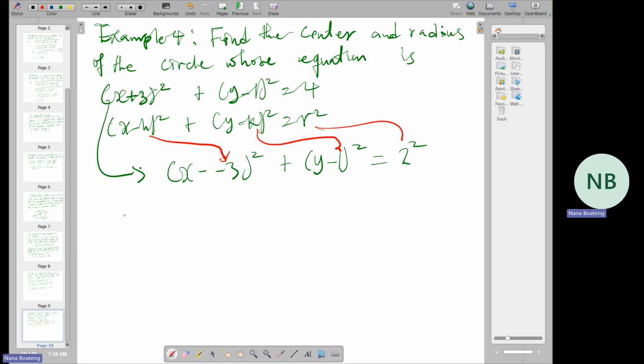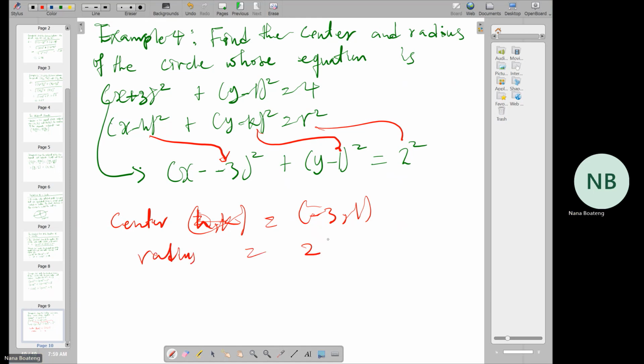So the center h, k equals negative 3, 1, and the radius equals 2. All right, so we obtain the center and radius from the general form.